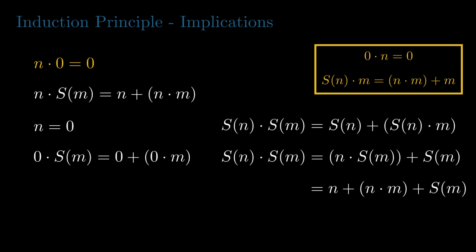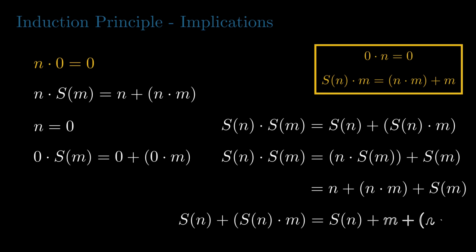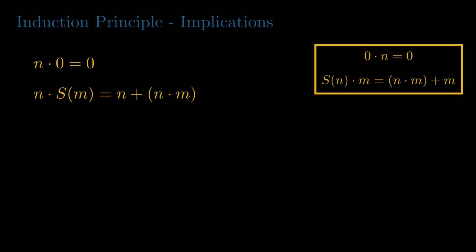The right term becomes instead s of m plus m plus n times m, again using the second basic property of multiplication. The two expressions can seem different, but we got the same multiplication, the same numbers, and we are counting forward by 1 on both sides. Therefore, the proof is finished, and we call these two equalities lemma 1 and lemma 2, for multiplication obviously.